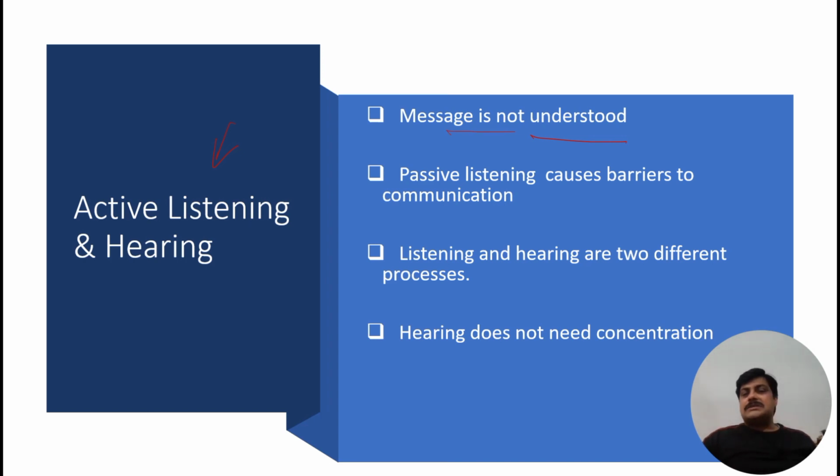So here the message is not understood. Passive listening causes barriers to communication. Passive listening is one type of hearing when someone is not attentive. When someone is not attentive to listening, this is called passive listening, and that can create several barriers to communication.